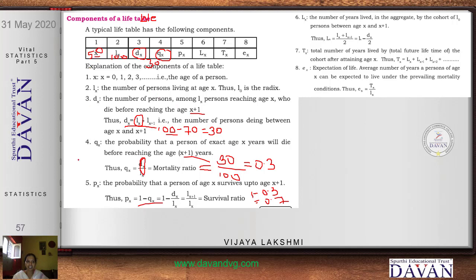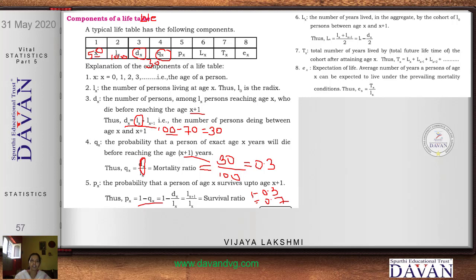I'll repeat these 5 components again. The first is x value, that is age of the person. lx is the number of people who are at the age of 50 as per our example, and dx is the total number of people who have died after reaching the age 50 but before reaching the age 51. So I have taken this value as 30.